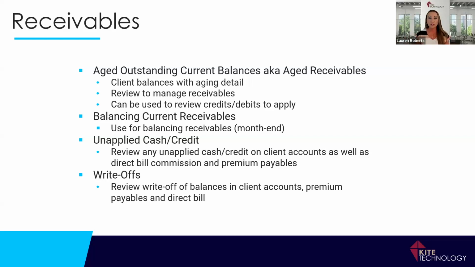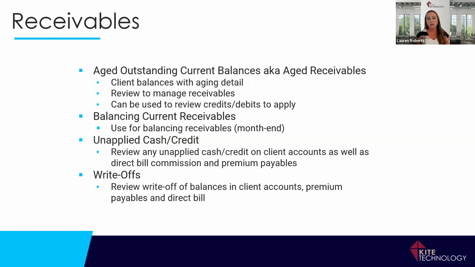So it gets really concerning if you have things that are over 90 days, because those items you really don't want to hang out on your receivables. And you want to make sure that if there's credits due back to the client, you go ahead and handle that pretty quickly. And if the client owes you, obviously you need to get your money, right? So we got to get paid.